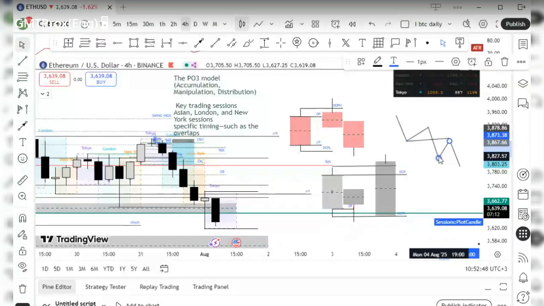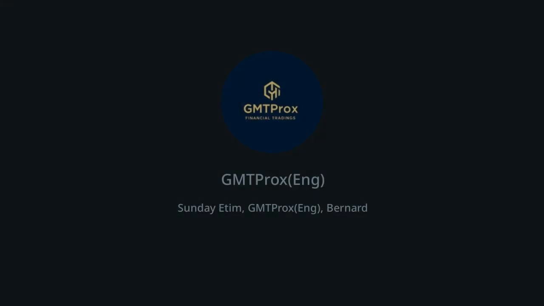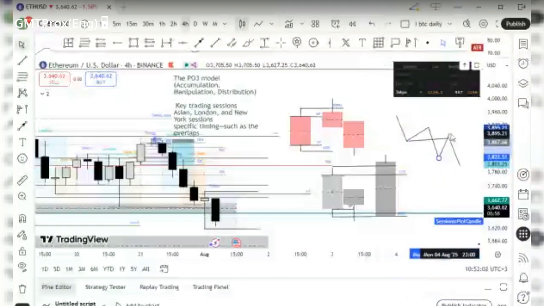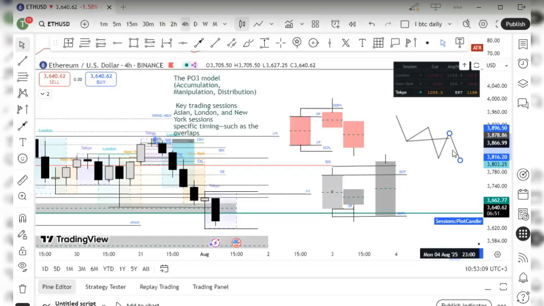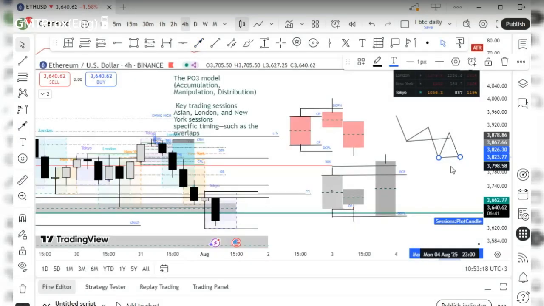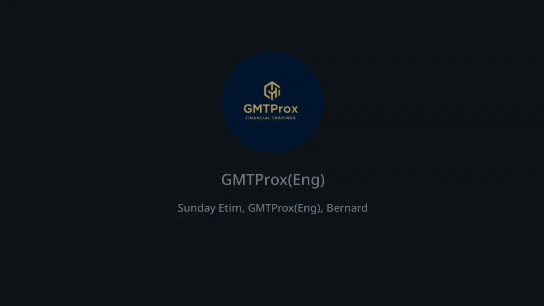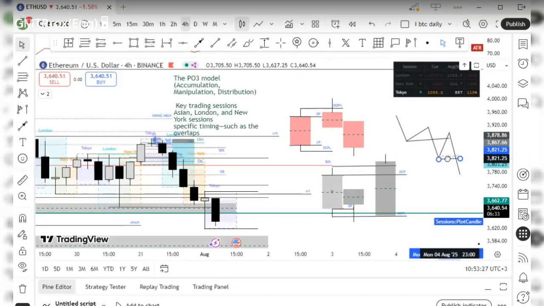Now, a correction can either touch this low or just go inside here, and then continue breaking this low again. Now, how many breakouts? 2 breakouts.